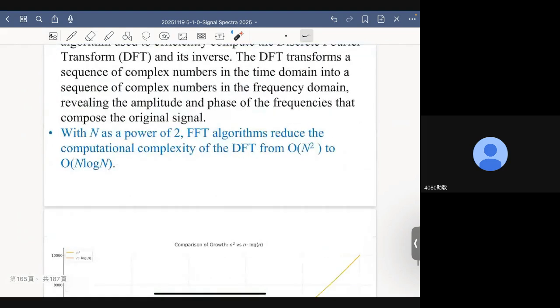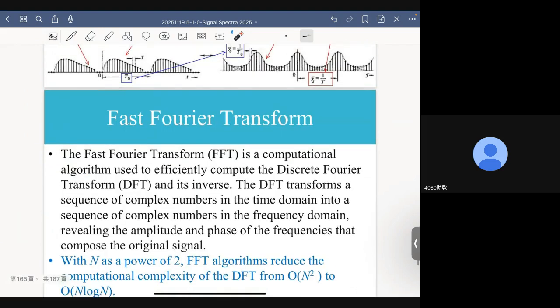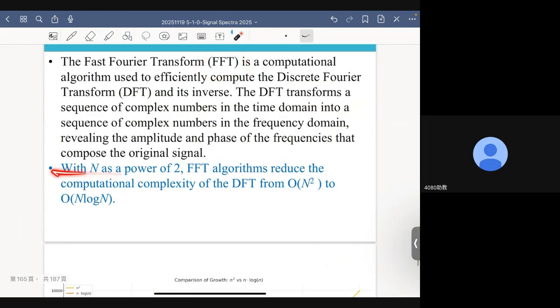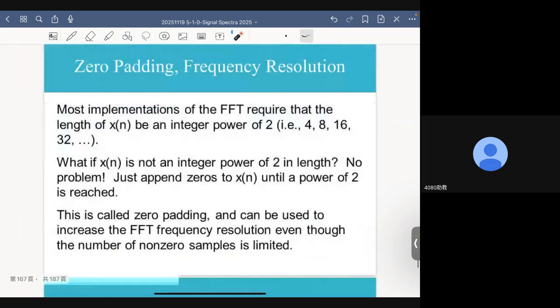If this is the case, there is a very famous algorithm that we can use to implement DFT, what we call the fast Fourier transform. The fast Fourier transform is an implementation of DFT, but it will only work when this is true. Just to give you an idea.